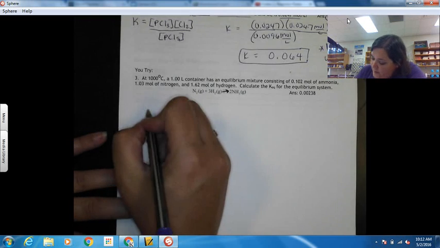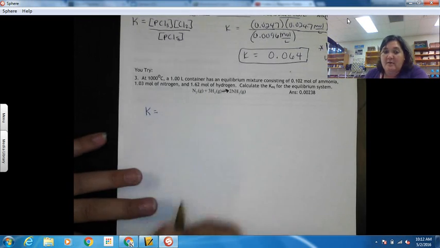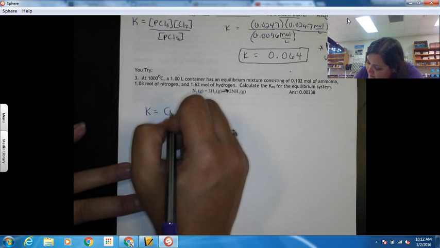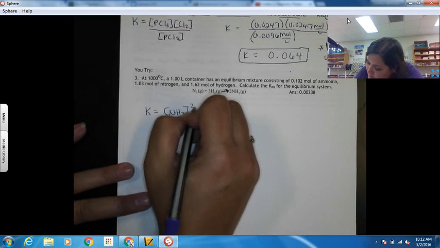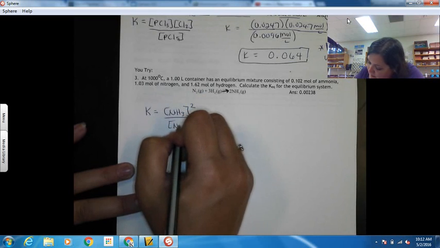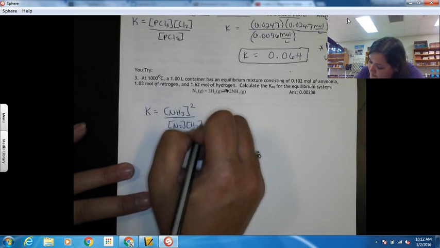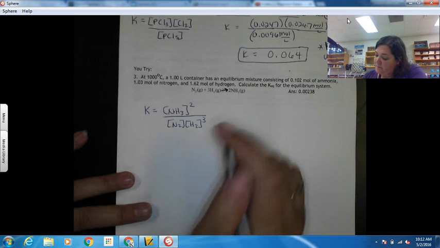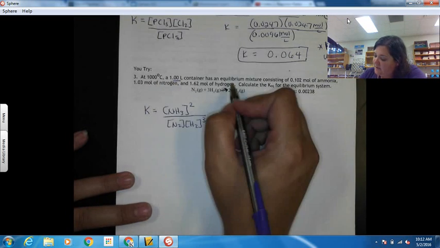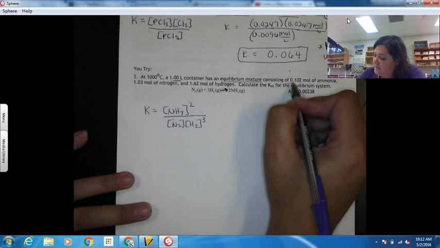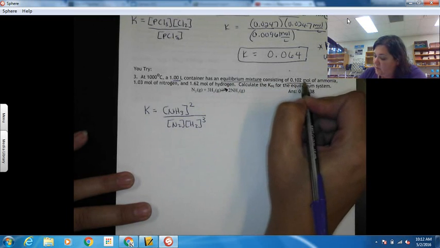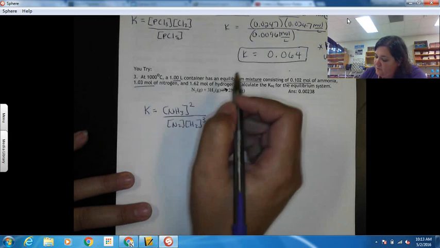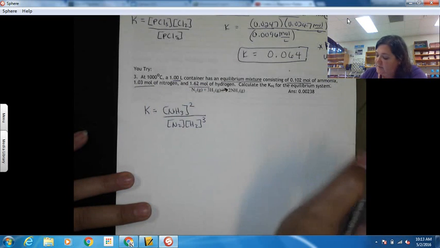Alright, welcome back. We're going to write our equilibrium expression first. So we have NH3 squared over N2 times H2 to the third power. Alright, so this time we have a 1 liter container, and the equilibrium mixture contains 0.102 moles of ammonia, 1.03 moles of nitrogen, and 1.62 moles of hydrogen.